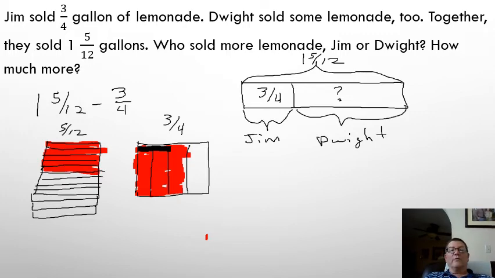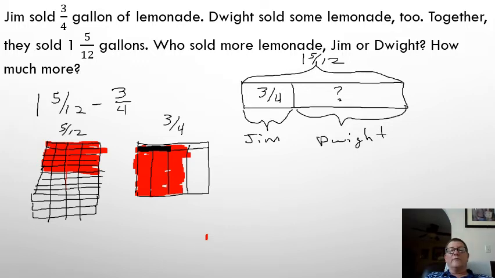Now for this one, we're going to take our fourths to our 12ths. So I'm splitting into halves. Now I'm splitting into fourths. Over here now I got to do my 12s.